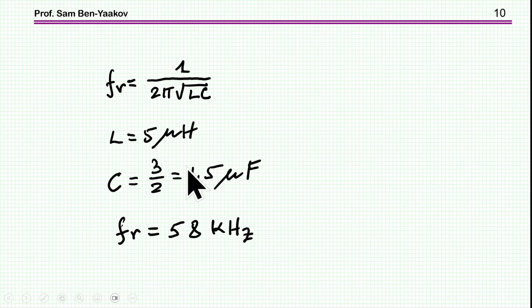We have an inductor of 5 microhenry and 2 capacitors of 3 microfarad, so they are in series, so we have 1.5. So we have a resonant frequency of 58 kilohertz, which is indeed very close to the 70 kilohertz, and this is why we have an appreciable resonant current.